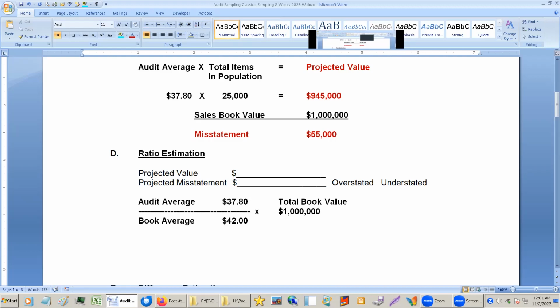And this will give us our projected value. So 37.80 divided by 42, times $1 million, equals 900,000. So this is our projected value.